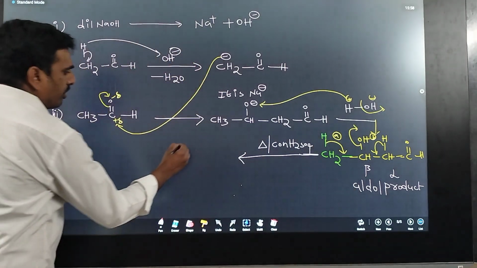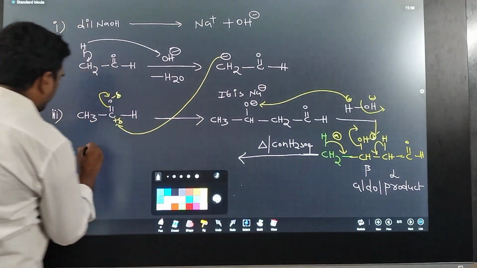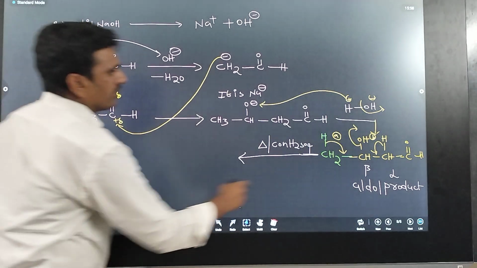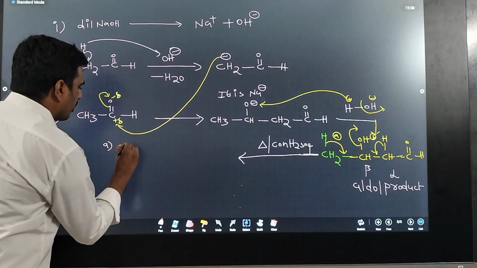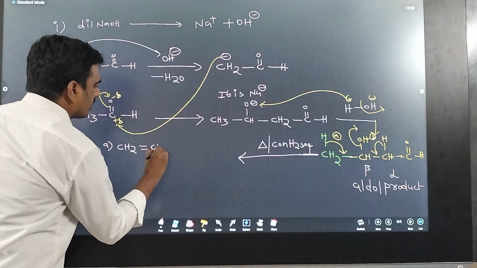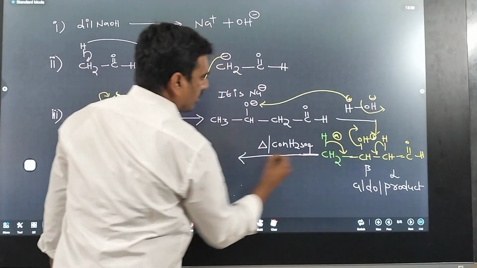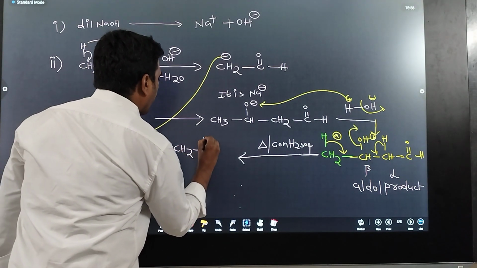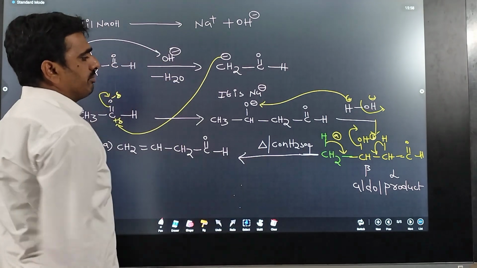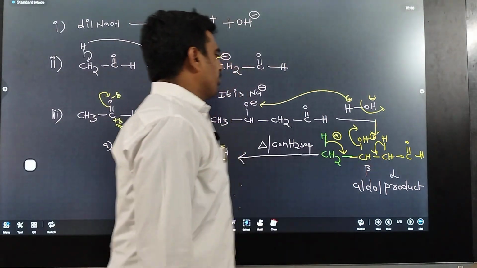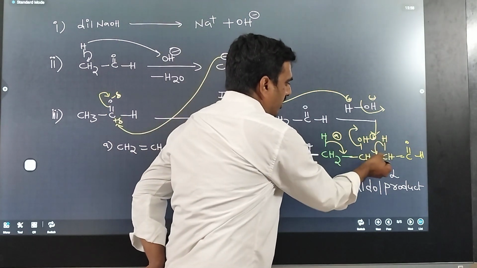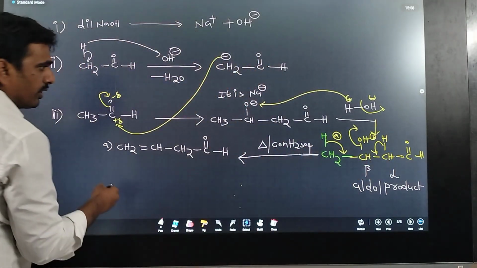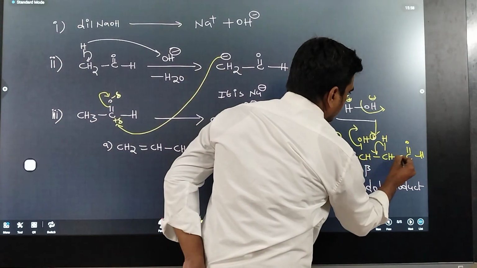So first A possibility, CH2 double bond CH, then CH2, C double bond OH. So then B possibility, if you have this electron displacement here, double bond formed in this carbon, between these carbons, so we get this as a single bond.